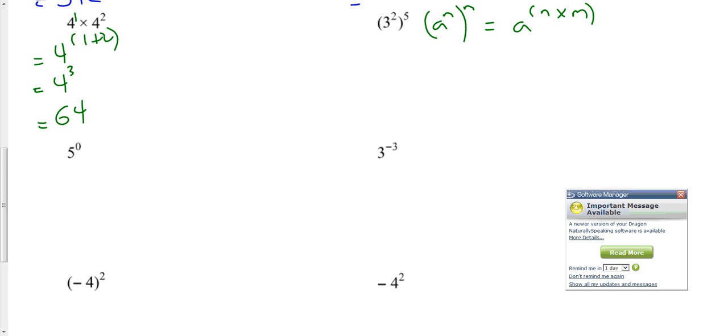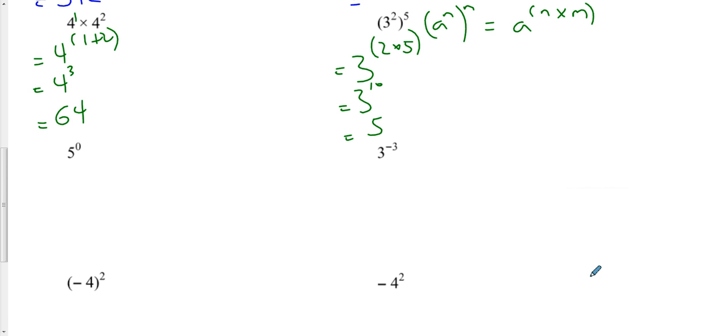So we're going to multiply these 2 exponents. 2 times 5 is obviously 10, so we're going to do 3 to the exponent 10. When I do 3 to the exponent 10, it gives me a very large number of 59,049.